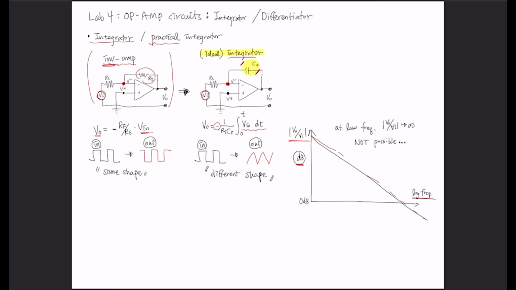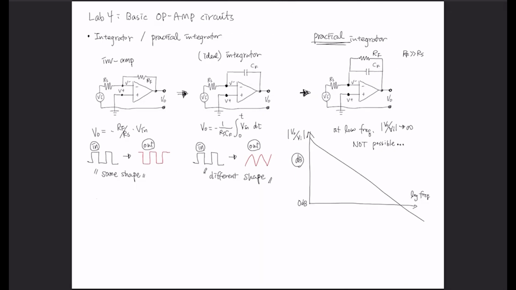On the other hand, the problem here is that at low frequency, this ratio becomes very, very large, close to infinite, which is not possible because there's almost no way to create infinite gain. So people came up with an advanced concept, the so-called practical integrator.